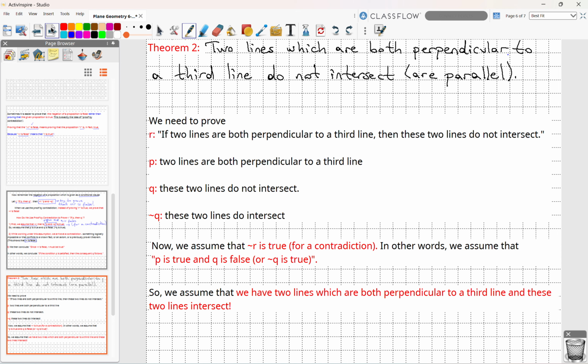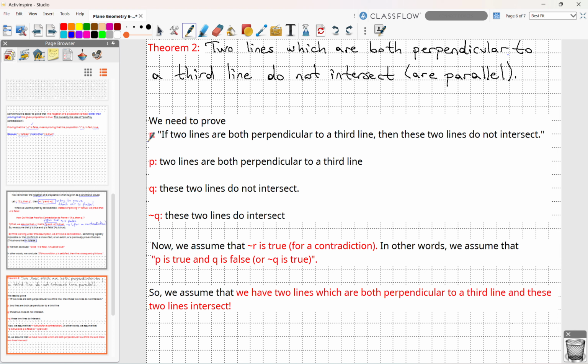So let's review this theorem once more, and go over the proof to make it more clear. Theorem 2 says, two lines which are both perpendicular to a third line do not intersect. So I don't see a conditional clause here, but I can rewrite theorem number 2 and write it as a conditional clause.